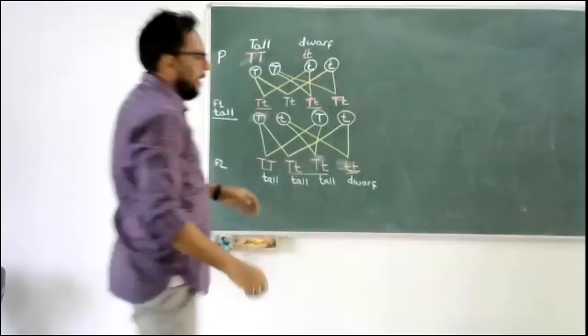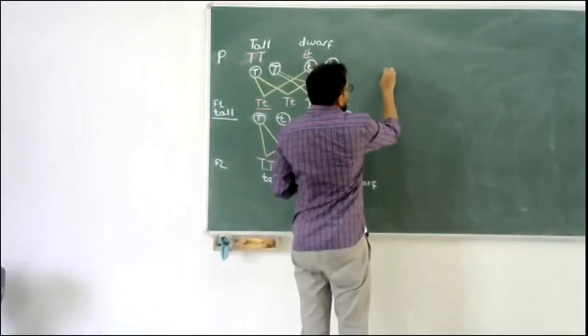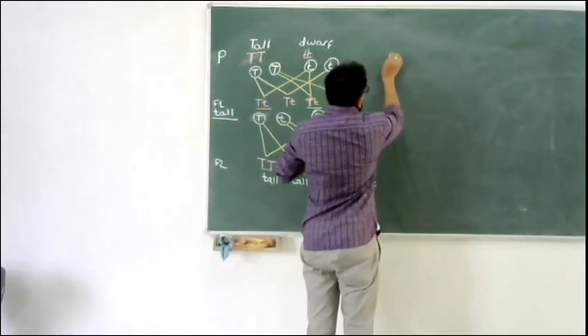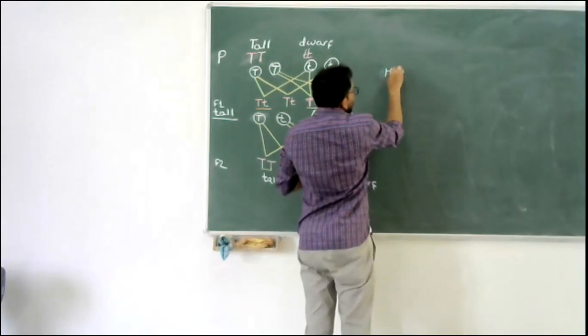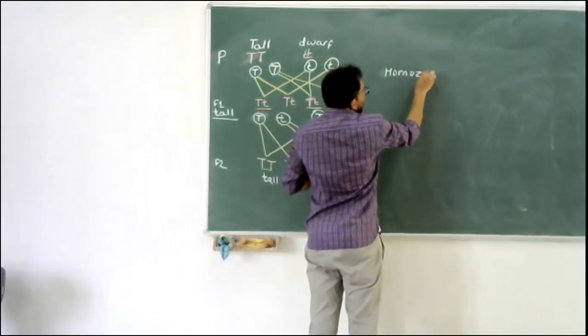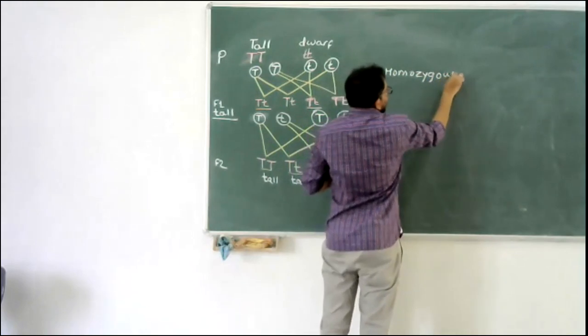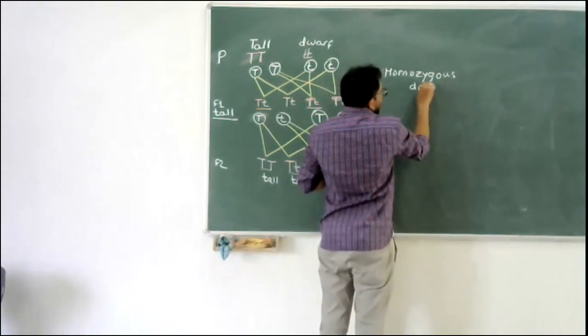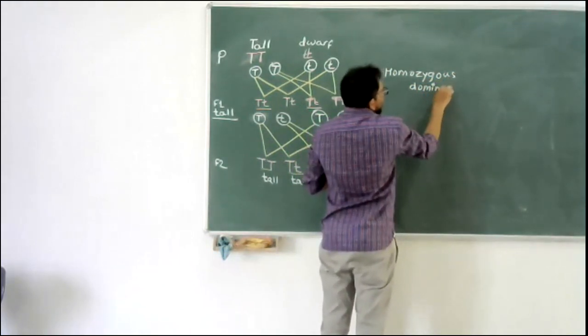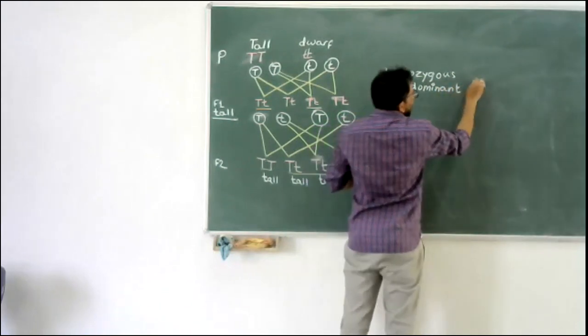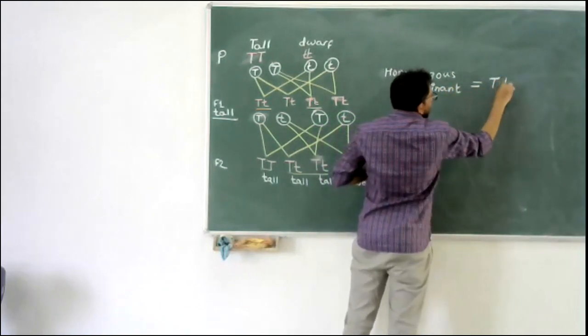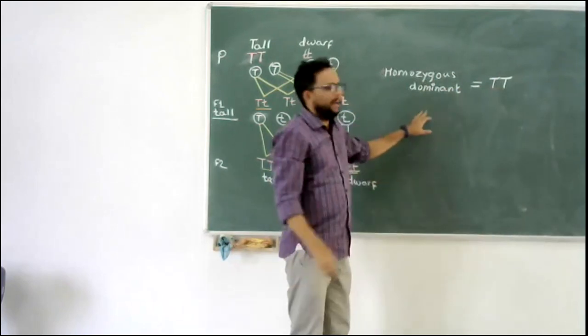So what we have is, let's say we take the same character, tall and dwarf. Homozygous dominant. That means both the alleles are dominant, right?